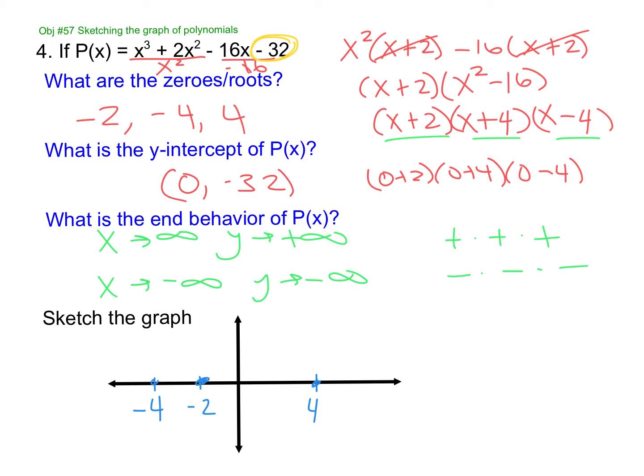Don't squish it too much. You don't have to put them close to the axes. You can scale this in any way we want. So on the right, we're going up. On the left, we're going down. And then connect. And this we can label as negative 32. That's it.